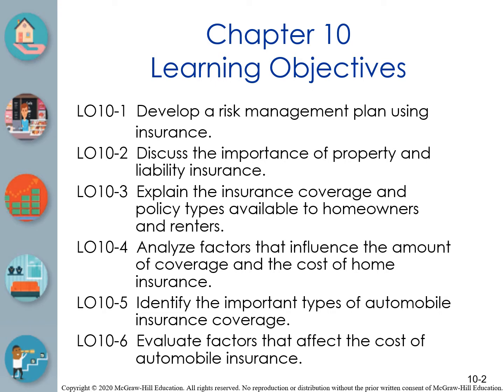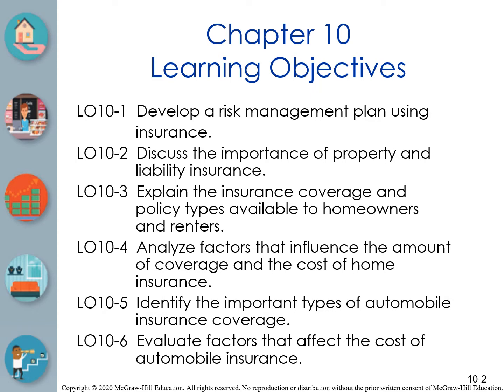Anyway, so developing a risk management plan using insurance, discuss the importance of property and liability insurance, and explain the insurance coverages. These are all different aspects of insurance. Explain the insurance coverage and policy types available to homeowners and renters. Specifically, analyze the factors that influence the amount of coverage and the cost of home insurance. How much is too much?